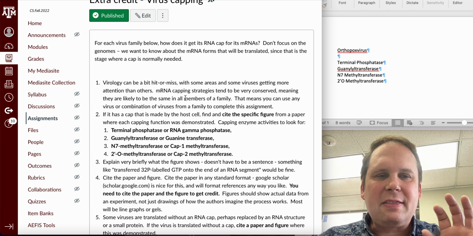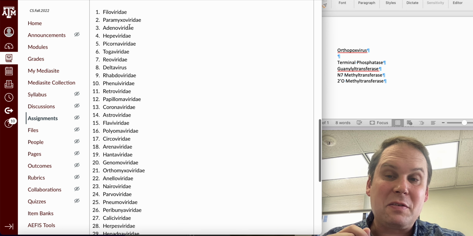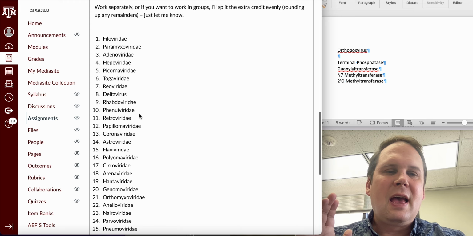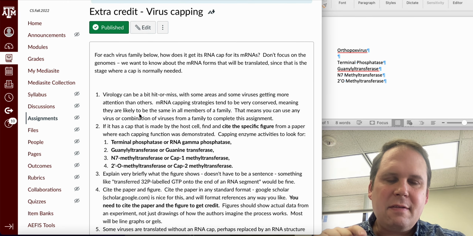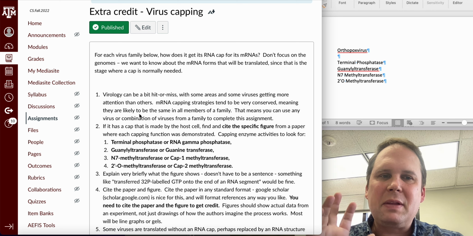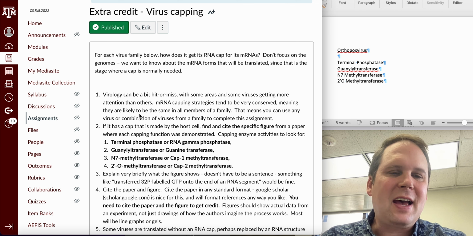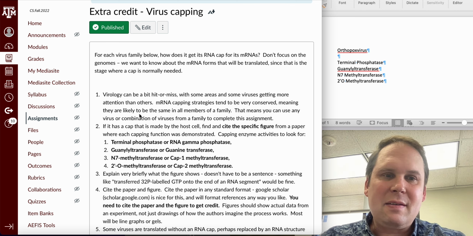All right, so here we go. We're going to look at the level of a virus family. Down below, it's the same virus families. You remember these from the homework, like Coronaviridae, awesome. And the nice thing is that you can use any virus from the Coronaviridae to complete any part of this. Somebody may have figured out the entire capping system for feline coronavirus, and that's fine.